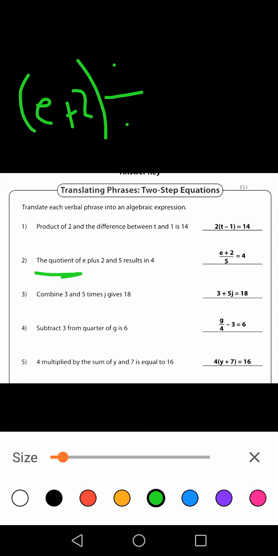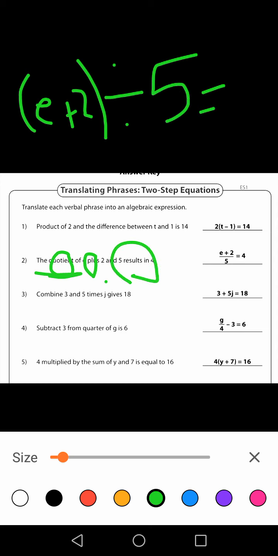I told you if I have two operations, I should put parentheses. The second term of the quotient is 5. The result is 4, so it means equals 4. You can write it as a fraction bar or a divide symbol, okay?